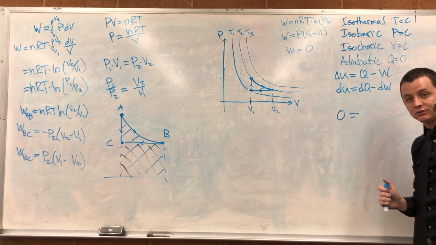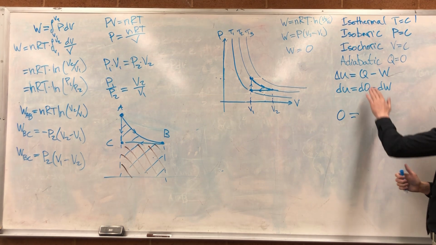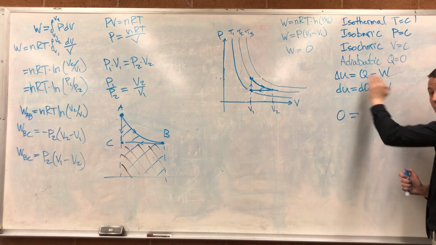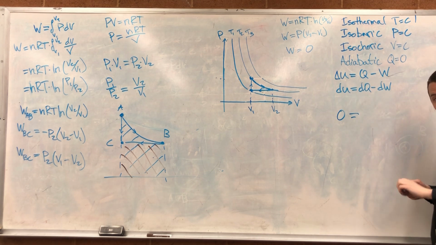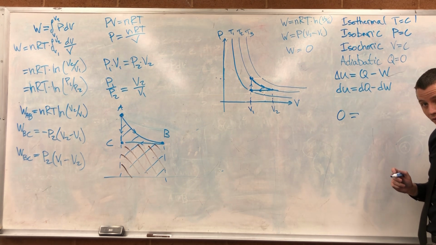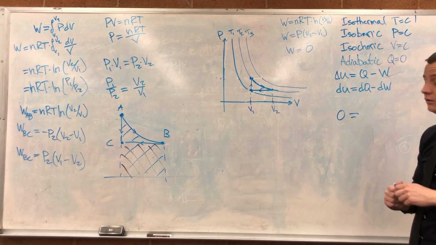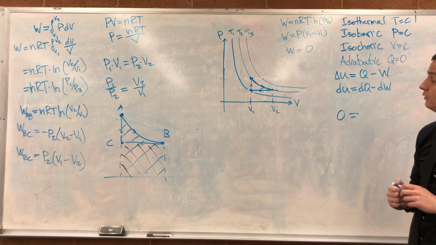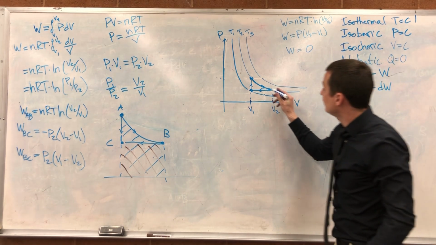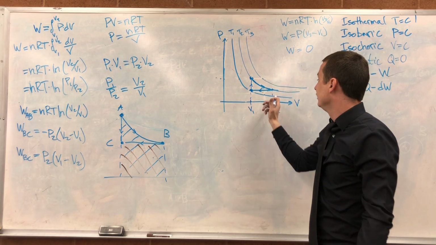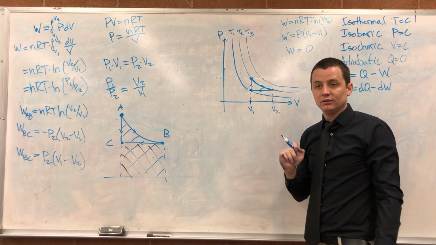Yeah, that makes sense. The system did some work, so we had to also put some heat in there. But you're going from temperature 2 to temperature 1 and then back to temperature 2. Right. And so the heat that we put into the system going from here to here has to be greater than the heat lost going from here to here.